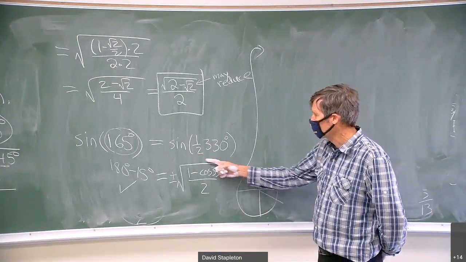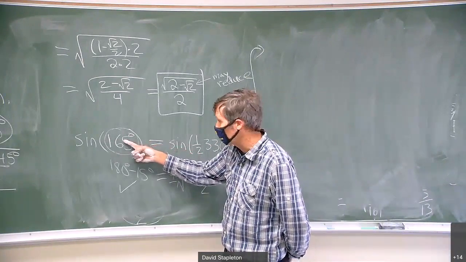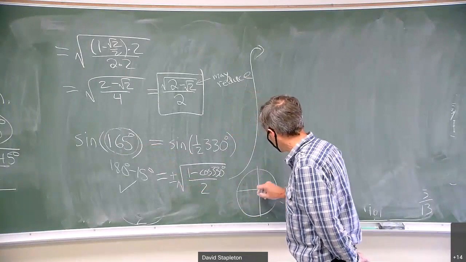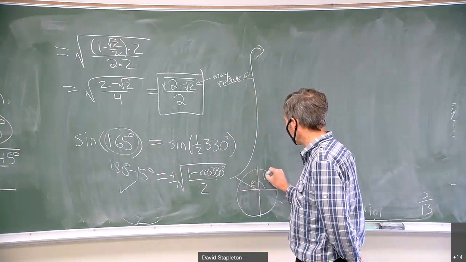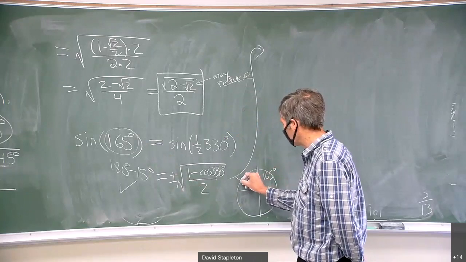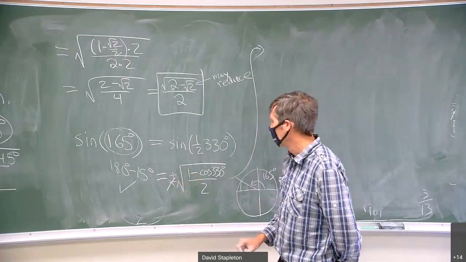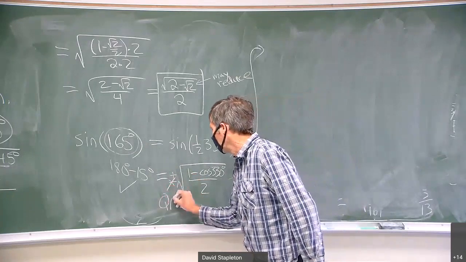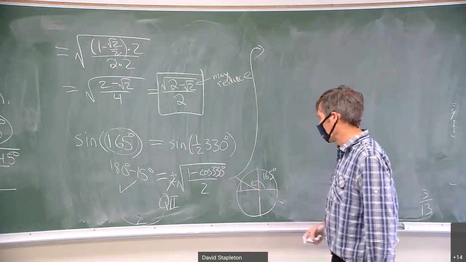This is evaluating not at 330 degrees, we're evaluating the sine of 165 degrees. So find the quadrant for the original angle, 165, which is in quadrant 2, where sine, the y coordinate, is positive. So I want plus for quadrant 2 for 165. I don't want the quadrant for 330.